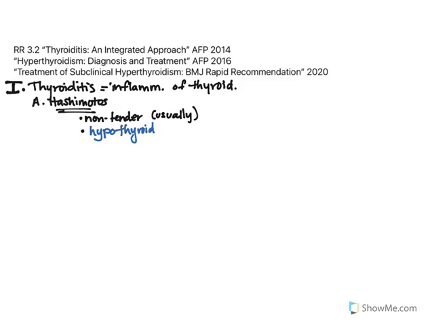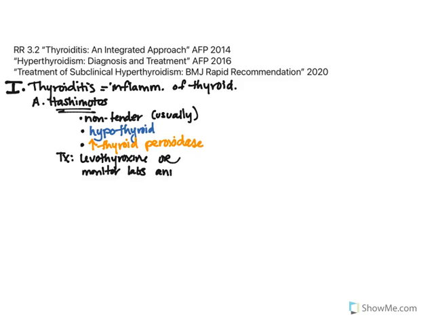And on their labs, they'll have an elevated thyroid peroxidase. Treatment is, of course, thyroid replacement with Synthroid or levothyroxine. There are situations where you would not treat, and we'll talk about that.